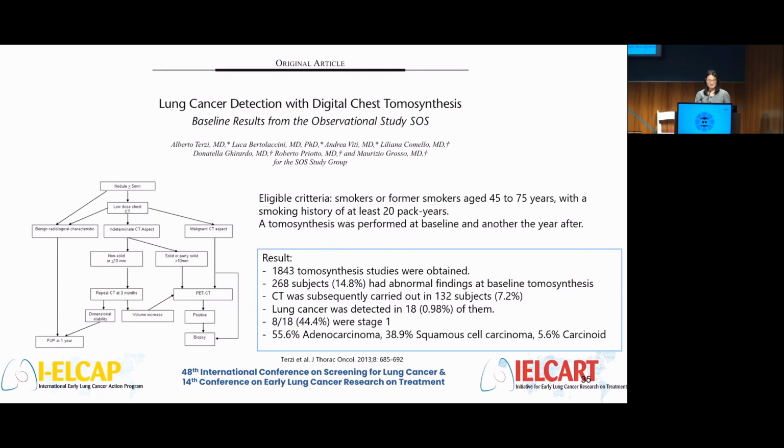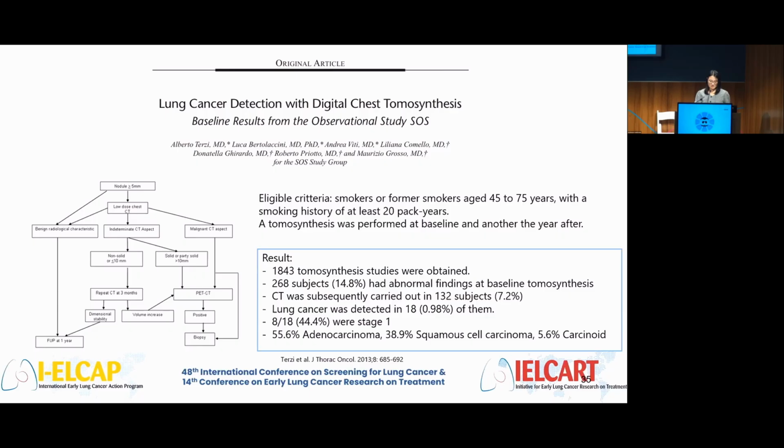This study is from Italy. The SOS study group used digital tomosynthesis as a screening tool among heavy smokers. For nodules 5 millimeter or larger, they do low-dose CT. From this study, they show that 7.2% had a lesion needing CT scan, and the lung cancer detection rate is nearly 1%, comparable to the international studies.